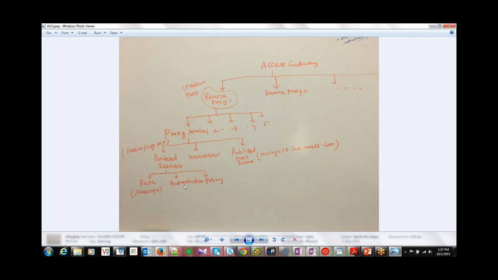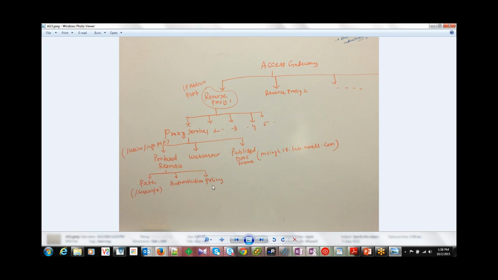But if there is no procedure configured, Access Gateway directly passes this request to the web server. If Access Gateway sends you to the identity provider, it is called a protected resource. If it forwards directly to the web server without authentication, it is called a public resource. We will see this in much more detail later during configuration.